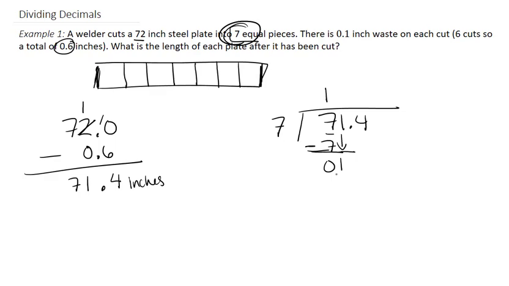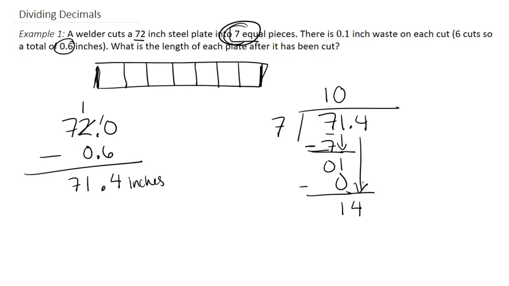Now 7 can't go into 1. So we place a 0 above because 7 can't go into 1. So 7 times 0 is 0. We subtract. 1 minus 0 is 1. Then we bring down the next digit, which makes 14.